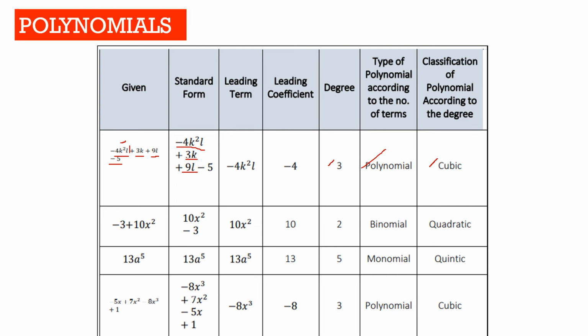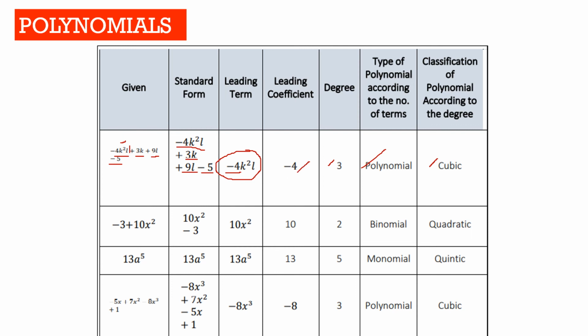And then followed by 9L minus the constant 5. Having that, we can write the leading term, negative 4k squared L. From that, we can take the leading coefficient, which is negative 4.